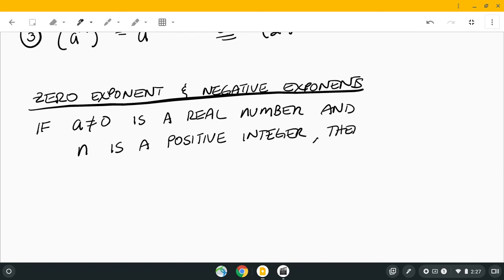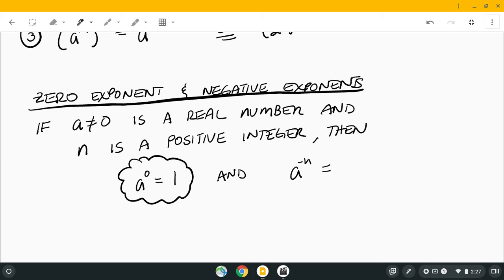Then a to the 0 is 1. And if you have negative exponents, then we take the reciprocal.